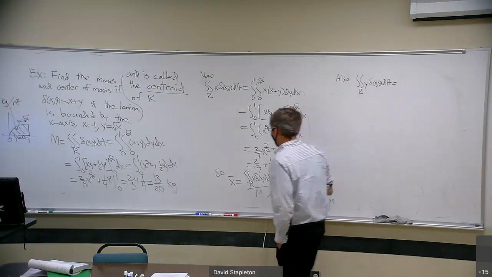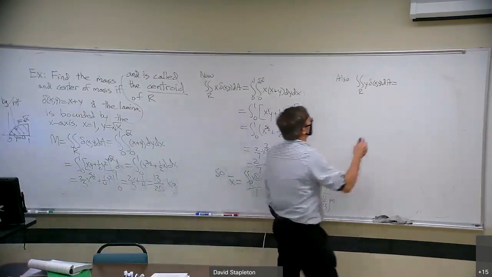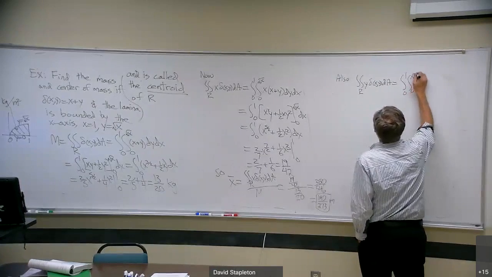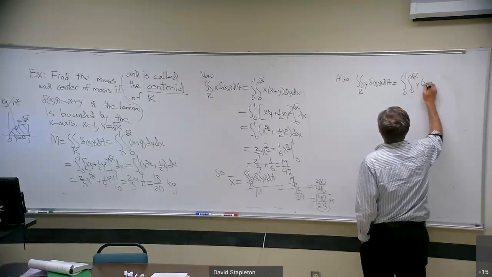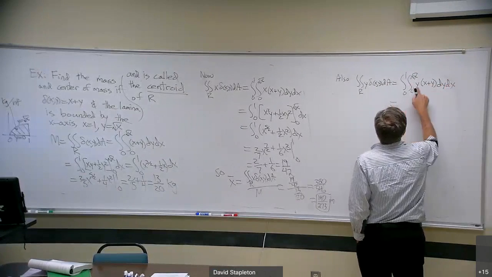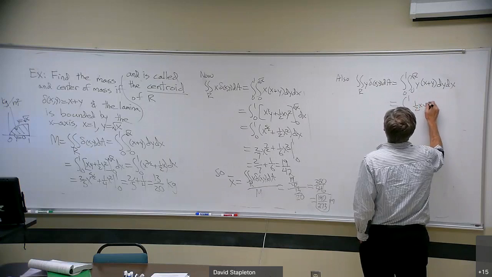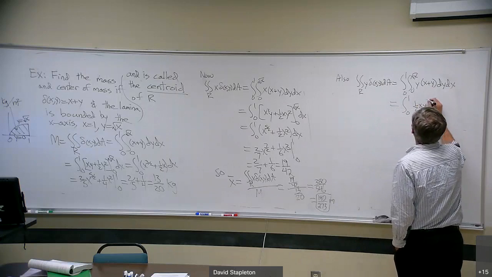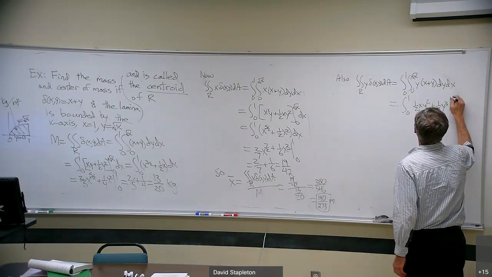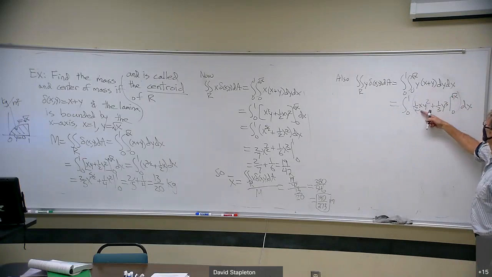This is the same integral we wrote before, over the same limits, 0 to 1 and 0 to the square root of x, of y times (x plus y) dy dx. We integrate xy and get 1/2 x y squared. We integrate y squared and get 1/3 y cubed. Then we plug in 0 and square root x, take the difference, then integrate with respect to x.